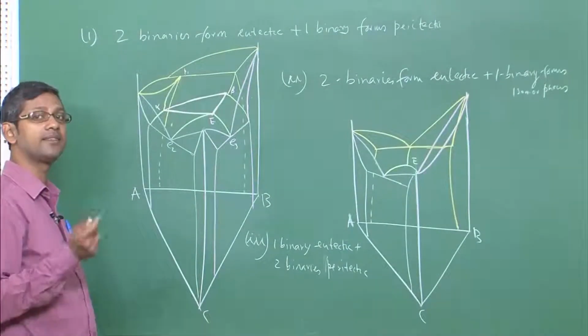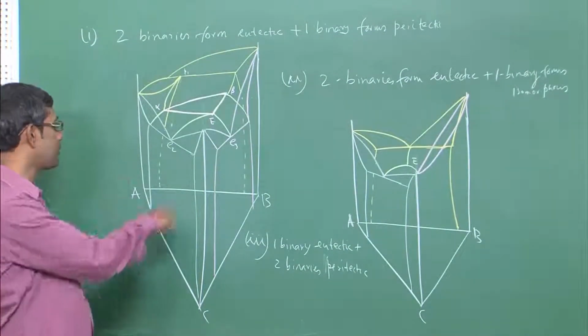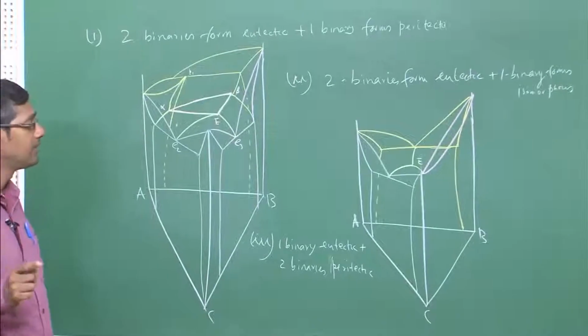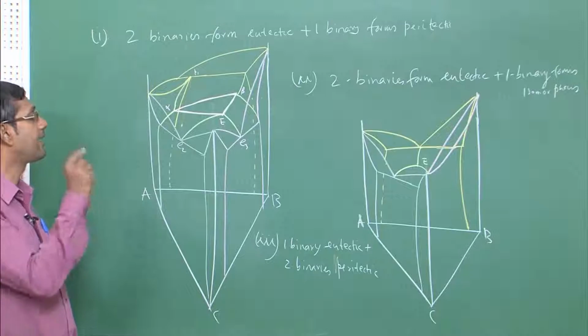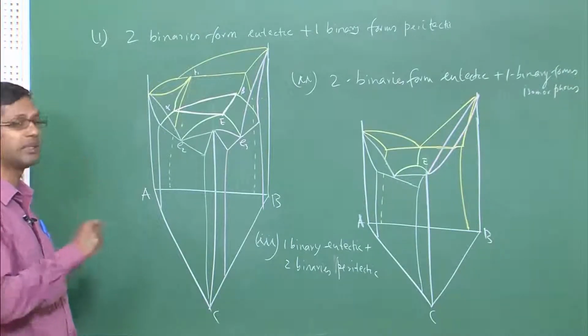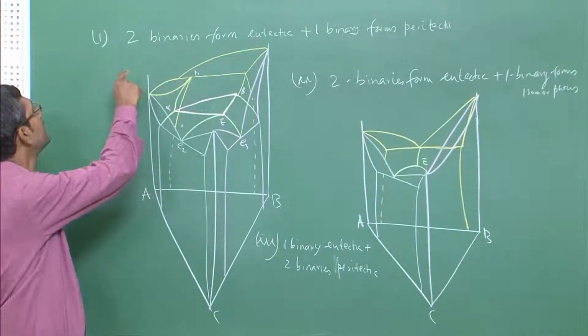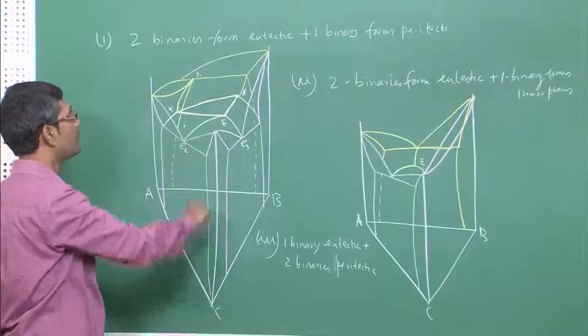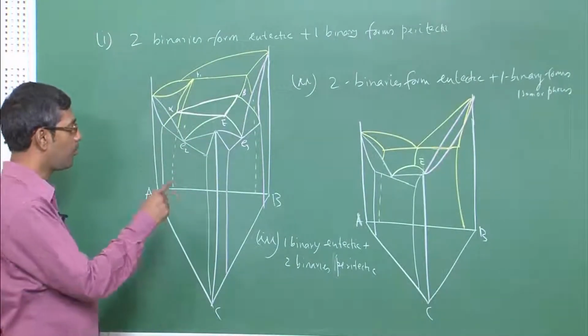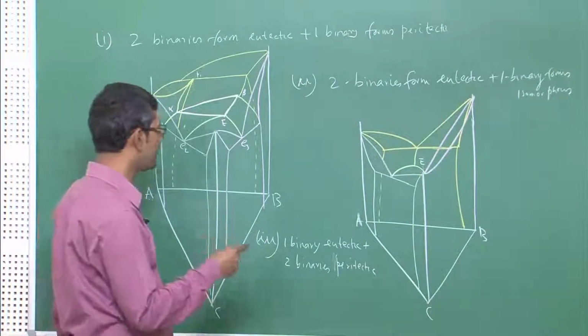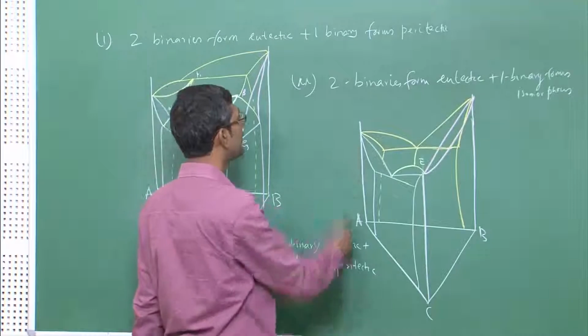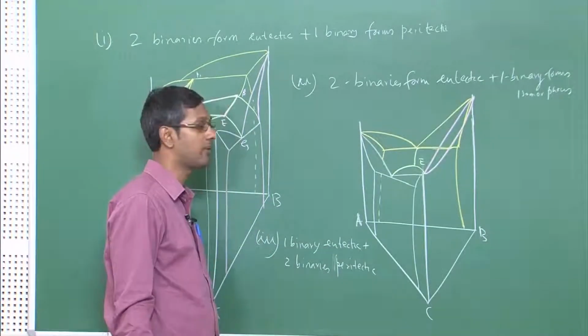So, you have seen the ternary eutectic where all three binaries form eutectic, and that we have discussed extensively in detail, and there are two other variations: in the first case, two binaries form eutectic and one binary forms peritectic, or one binary forms eutectic and two binaries form peritectic, and in the second case, two binaries form eutectic and one binary forms isomorphous.